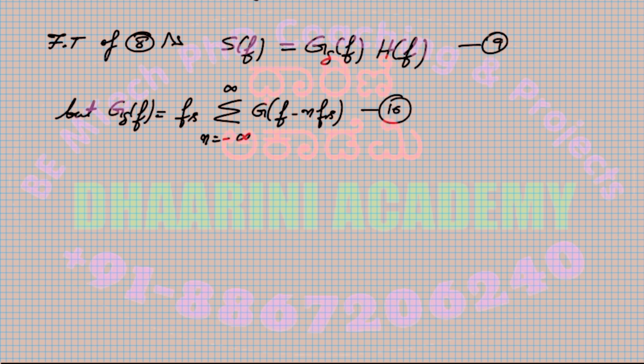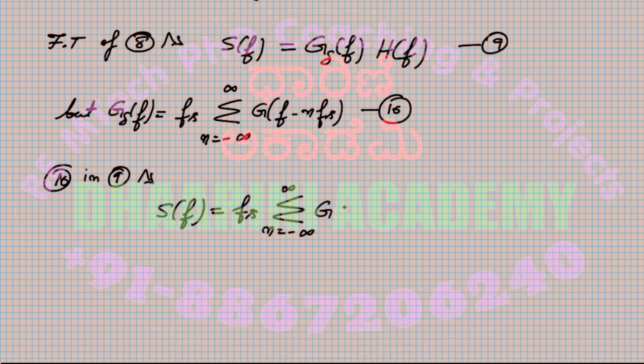Now put this back: equation number 10 in equation number 9 gives you S of f equal to fs times the summation n equal to minus infinity to plus infinity, G of f minus n times fs, into H of f.